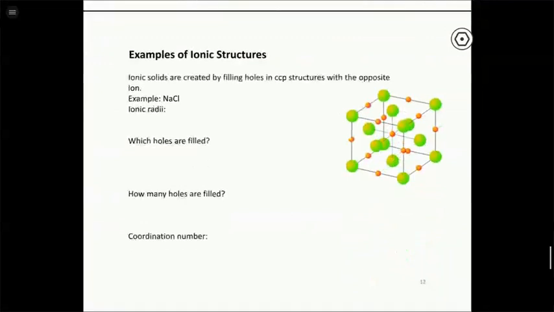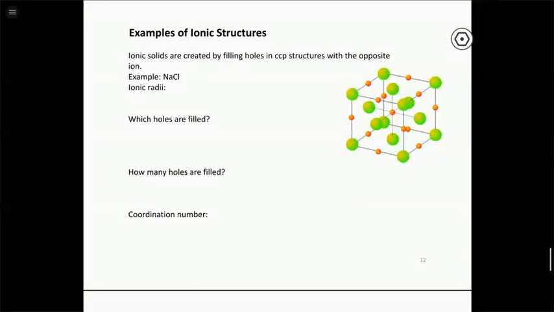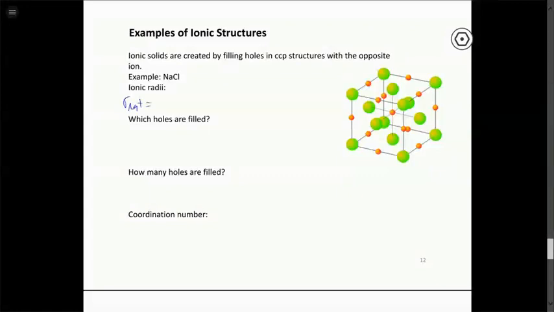Alright, so if we have sodium chloride, probably the most well-known and one of our favorite ionic compounds, we look at the ionic radii of each ion that's involved first, and that's going to help us predict what the structure is. So sodium plus has a radius of 102 picometers. Again, this is not information you can derive. It would be given to you if you need it.